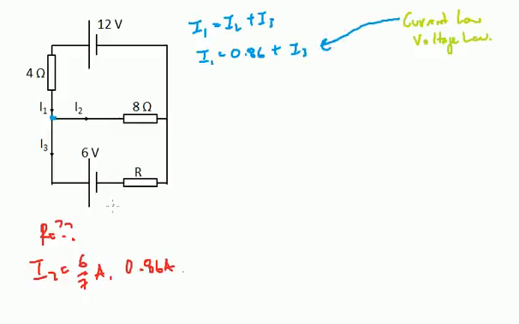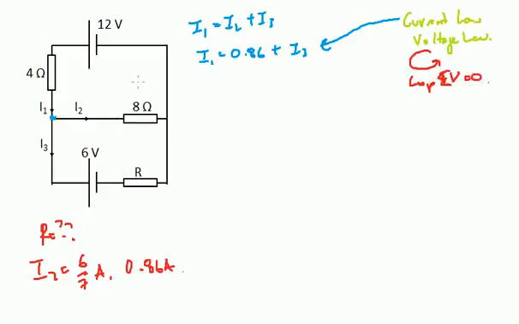That doesn't help me find R at the moment, does it? Because it doesn't have any R's in it. So really I want to set up an equation that has R in it. Now I've got some freedom here. The voltage law is, remember, if you go around a loop, the total voltage, the sum of the voltages, is equal to 0.